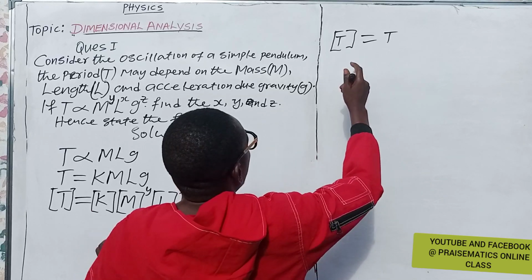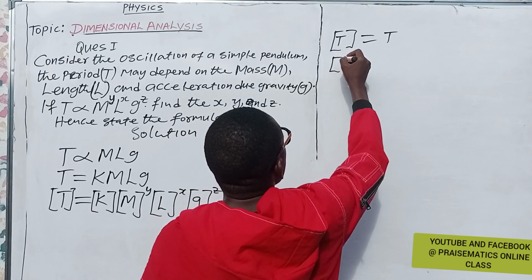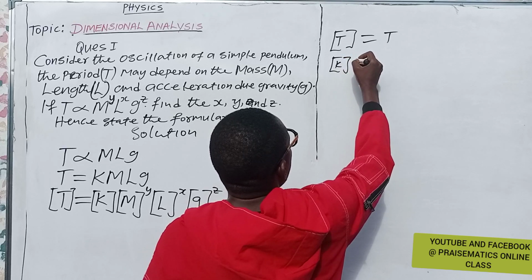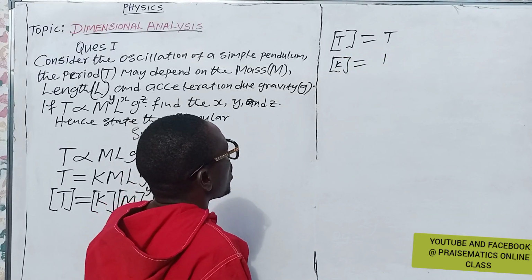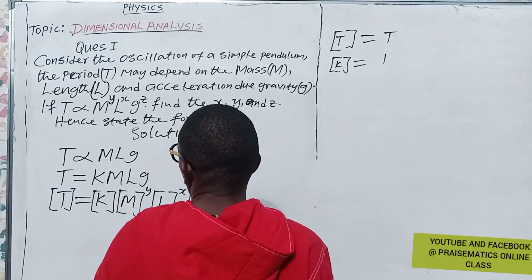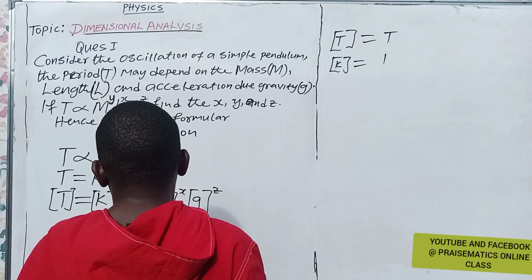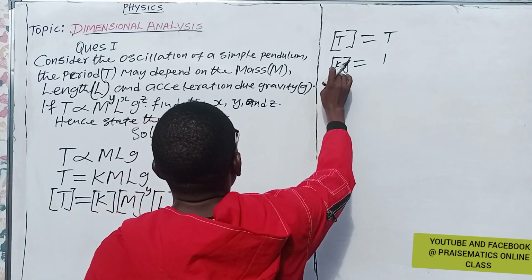Now let's go back to this and recall that the dimension of k, a constant, is always 1. It is dimensionless. It has no dimension.